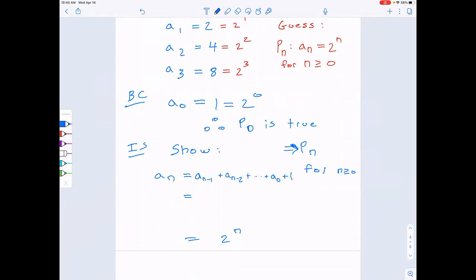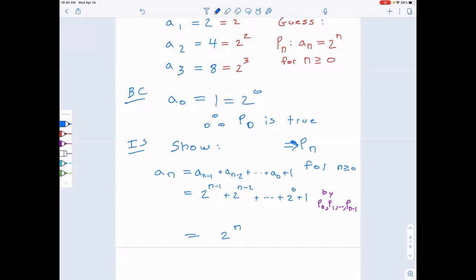All of these indices are less than n, so we can say this is 2 to the power of n minus 1 plus 2 to the power of n minus 2, plus all the way down to 2 to the power of 0, plus 1. And we'll clarify that this is by P sub 0 and P sub 1 all the way up to P sub n minus 1.